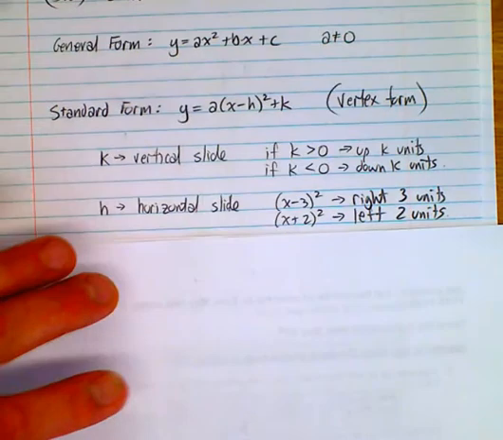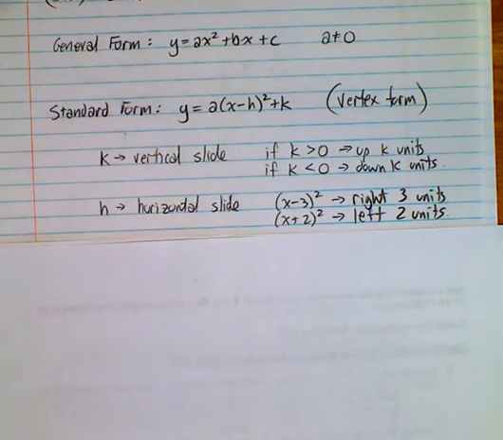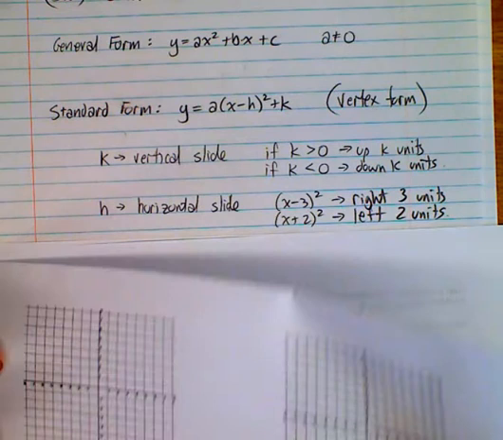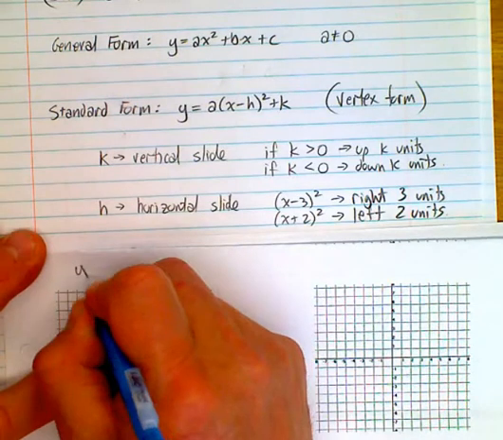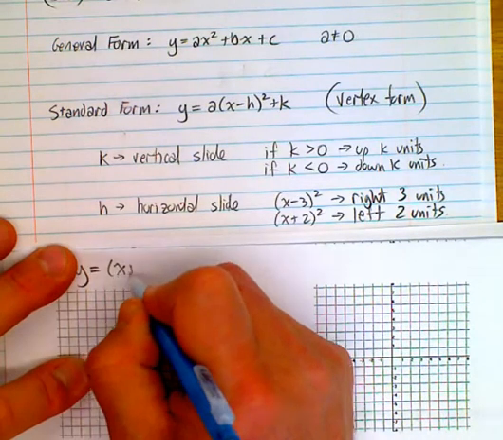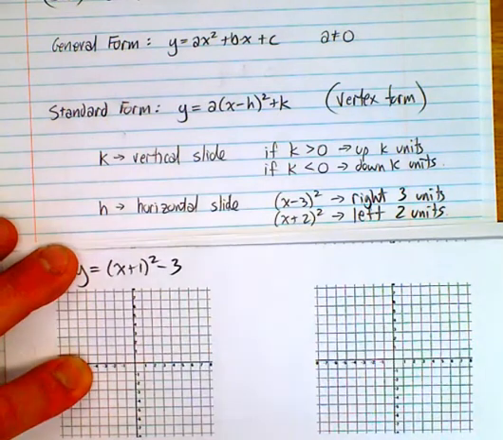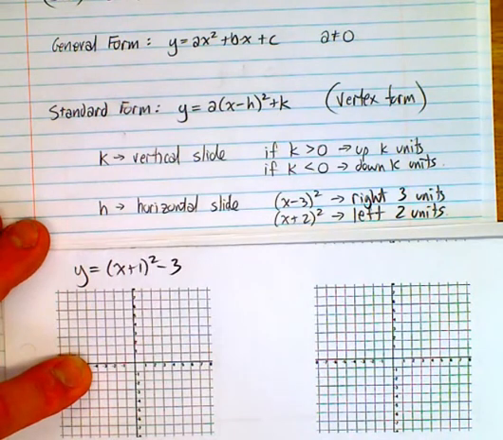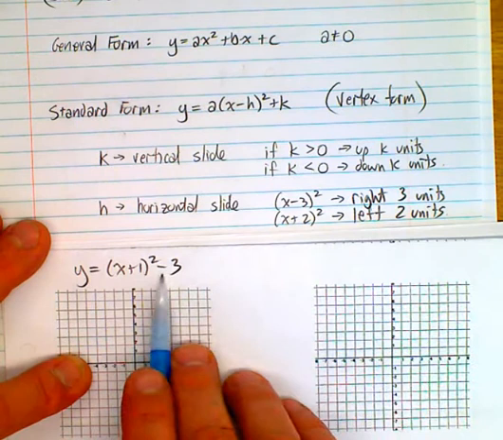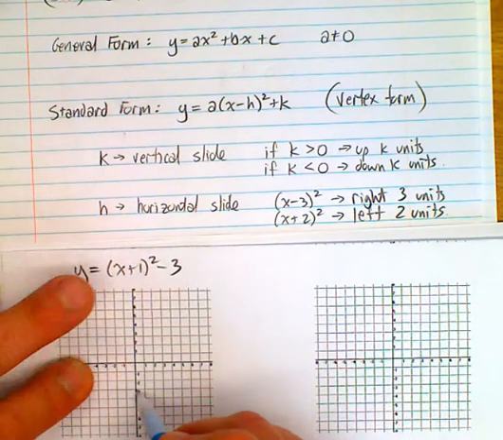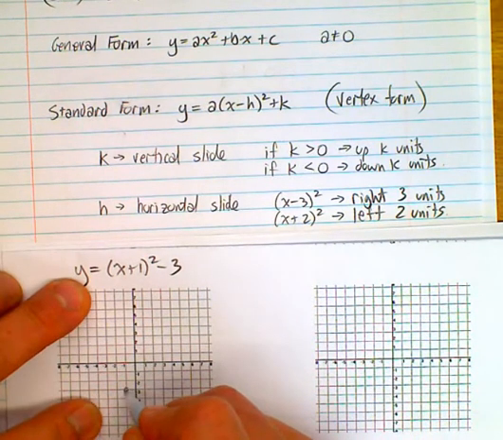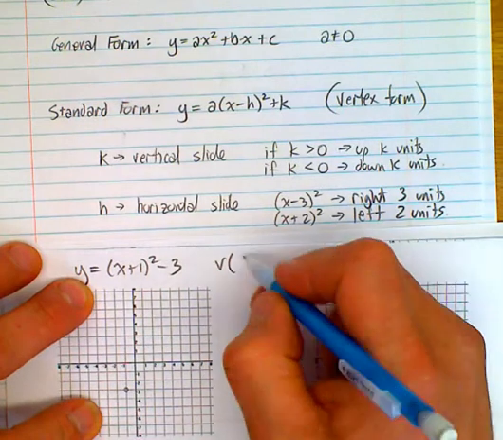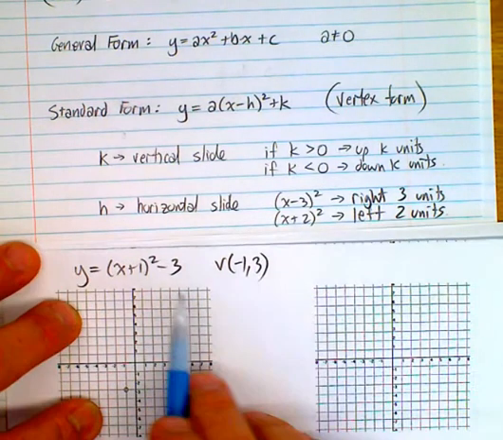And now we're at the stage where we can actually graph functions that would look something like this. If I gave you y equals x plus 1 all squared minus 3, then you know that it goes down 3, and this tells me it goes left 1. So your vertex right now is minus 1 and minus 3. Look at these numbers.